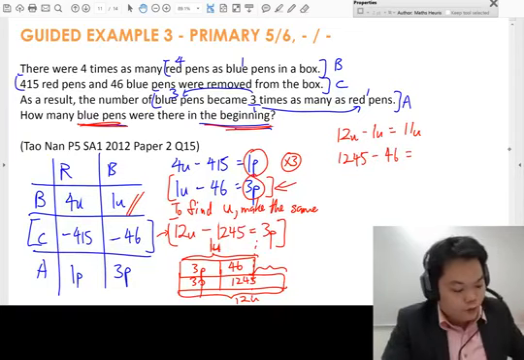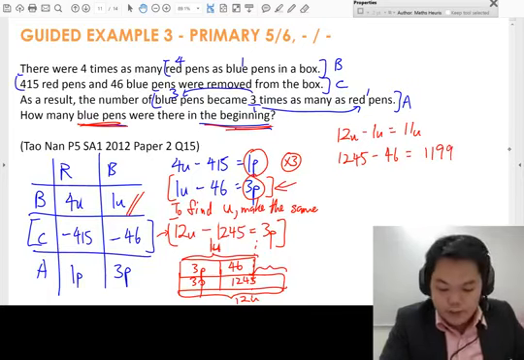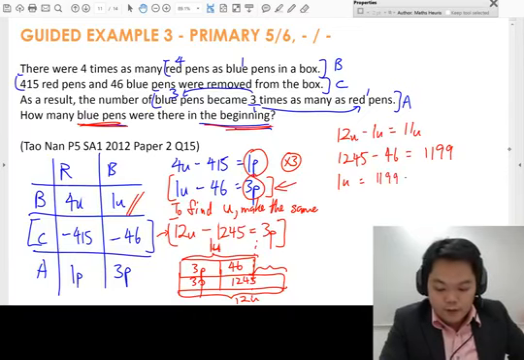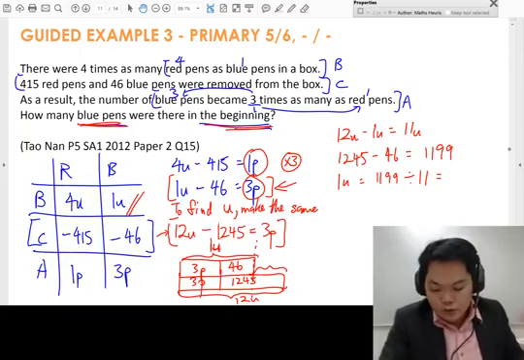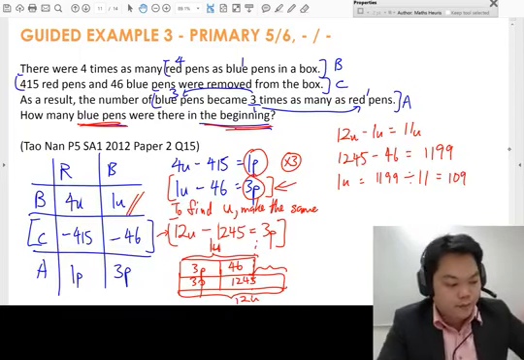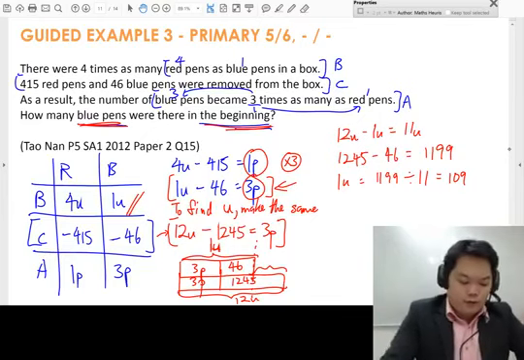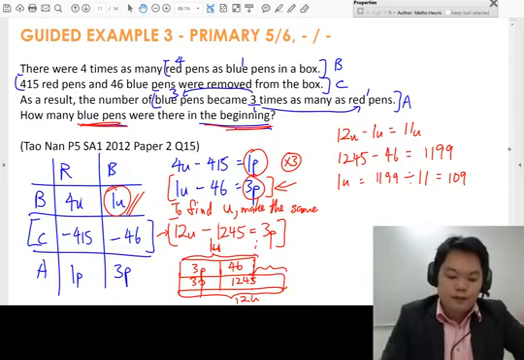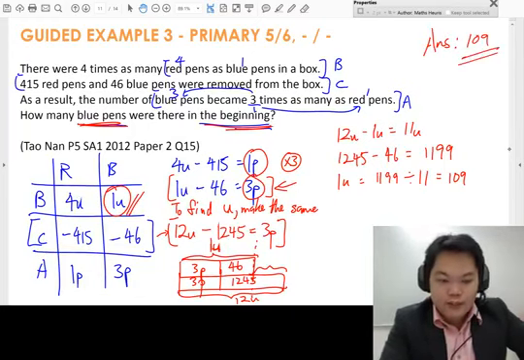And that will give us 1199. 1 unit will then be 1199 divided by 11. Okay, and that will give us 109. And since this 1 unit is 109, this is precisely what we were required to find. Therefore, the answer here must be 109.